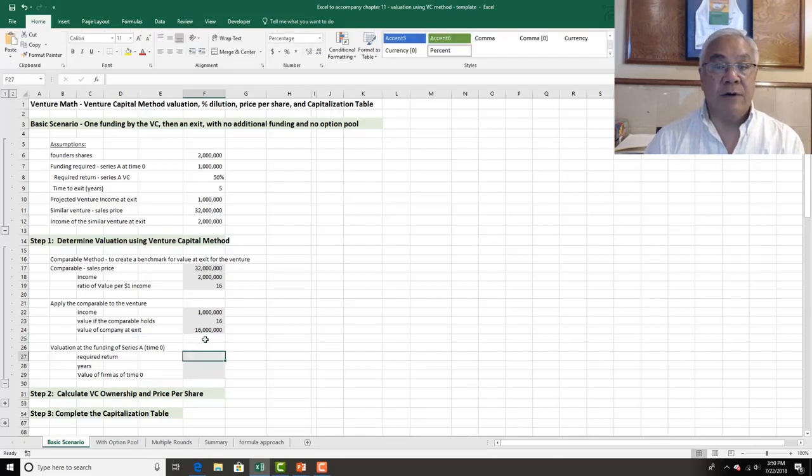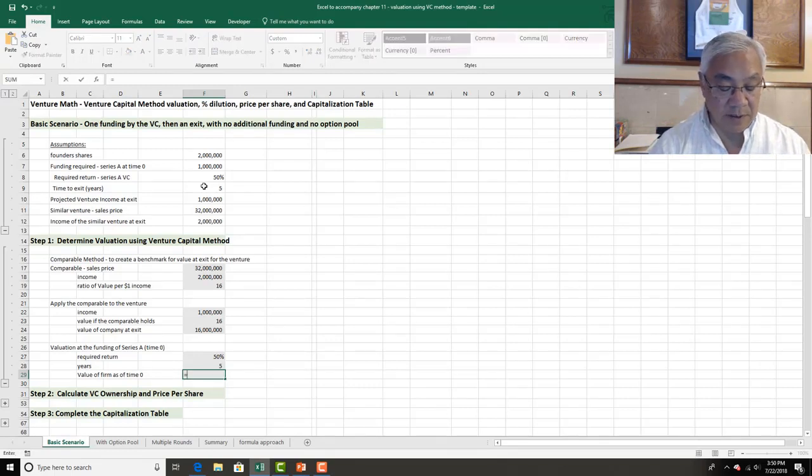Next, we'll look at the valuation from the standpoint of the venture capitalist's investment. Their required return, as stated, was 50%, so let's pull that forward. The number of years is 5, so we'll pull that forward too. Now here's the first calculation we have to do. If the company is worth 16 million at year 5, what is it worth today?